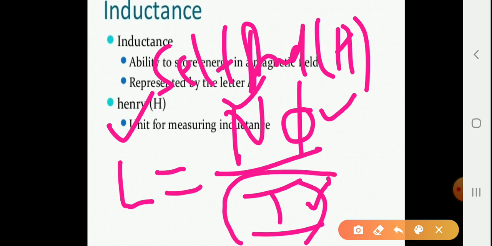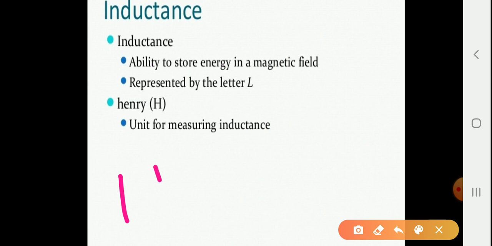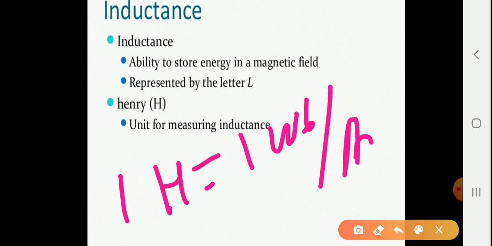The unit of inductance is the Henry, H. So 1 H equals 1 Weber per ampere.